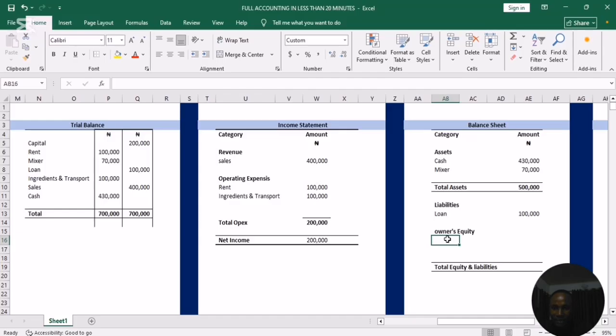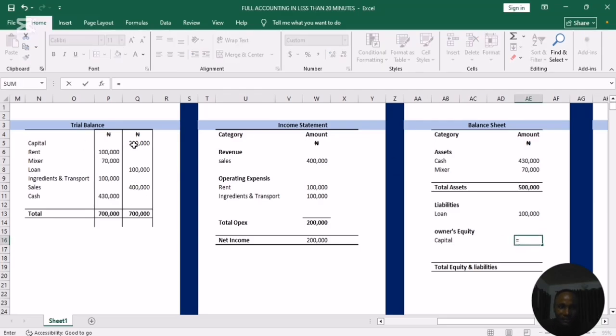So we'll pull in our capital, the startup capital, equal to. So it's right up here. We bring the narration, then the amount. How much is the amount? Pull our equal sign. Then the 200K right up here. Then the next is the net income, definitely. But the net income will be picked out from the income statement.